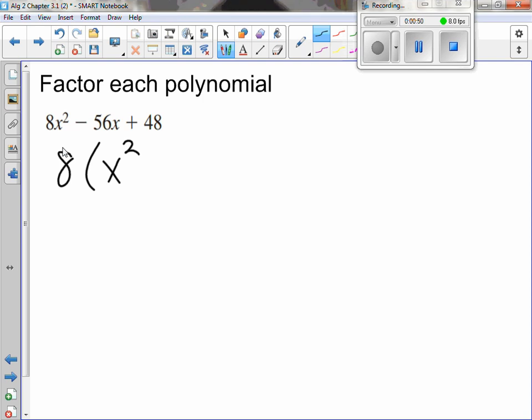What is 8 out of 56? And if we want to check it, we can do 56 divided by 8, and I believe we should get 7, yes? And 48 divided by 8 would be?